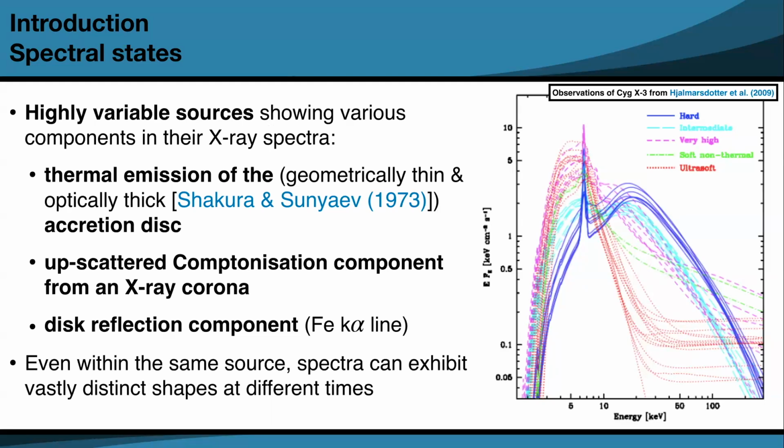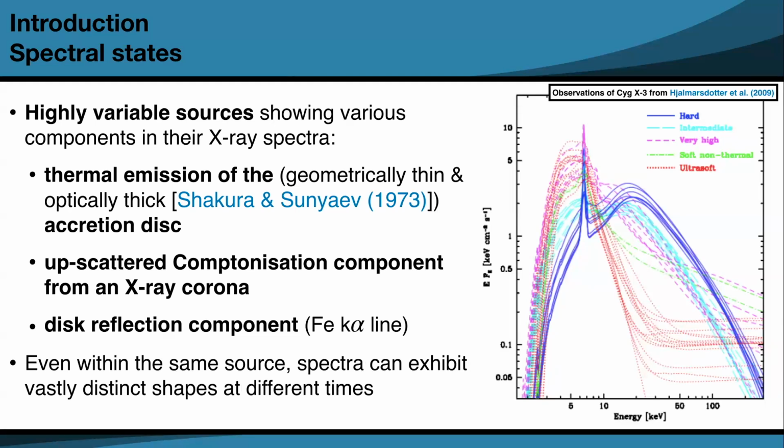And finally, we have a third component that is only observed in some sources, the so-called reflection component, that is produced by photons that are either emitted from the corona or from the accretion disk itself, as I will later discuss. These photons are basically forced to return to the disk surface, where they are reflected by the disk atmosphere before eventually reaching the observer at infinity.